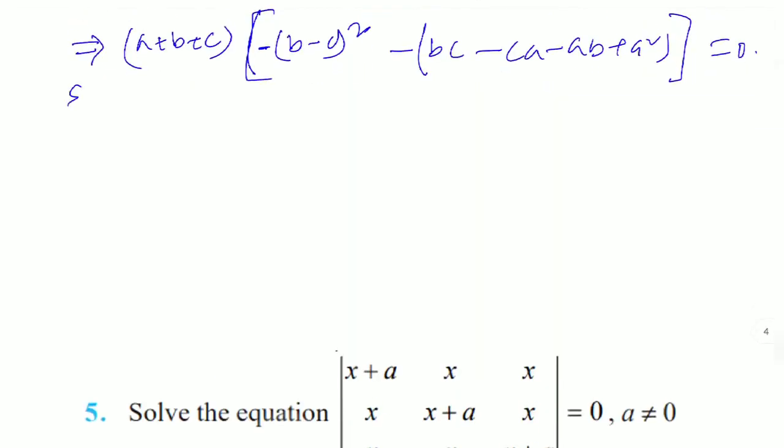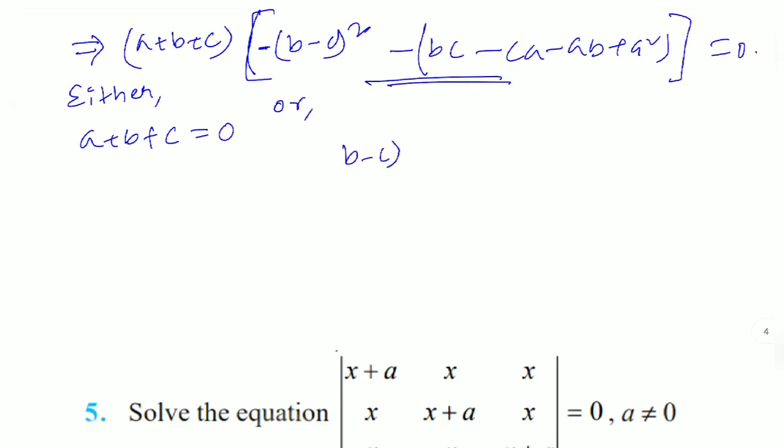Now from here we can easily write that either a plus b plus c equal to 0, or from this equation we can directly write that (b minus c) whole square equals minus bc plus ca plus ab minus a square.